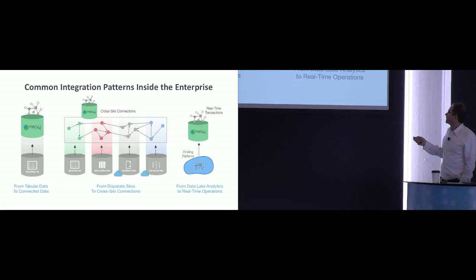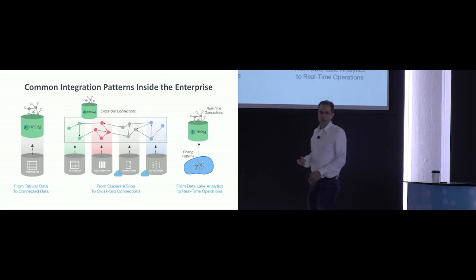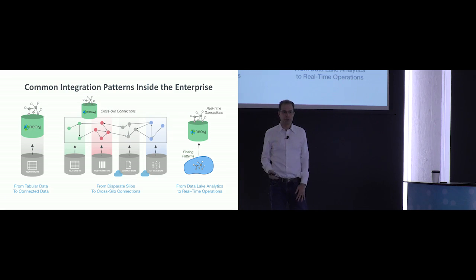And then last but not least, another common one is getting data out of the analytics system. One characteristic of data lakes is people oftentimes will use them as a data dumping ground, and that's kind of what they're designed for. And you don't want to do that with a transactional system, whether it's graph or relational or anything else.